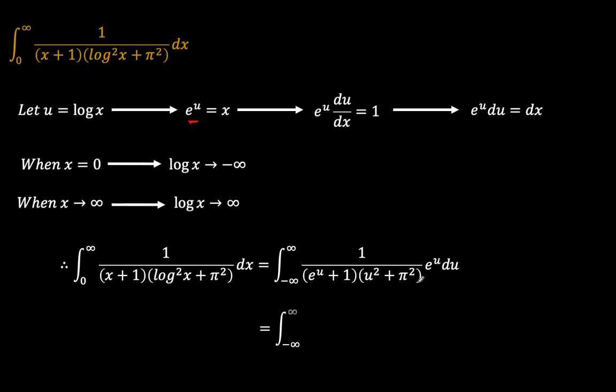Now we can also pull in this e to the power u. I beg your pardon, I had forgotten to indicate that in place of dx, we can put e to the power u du. And so pulling this here, we have e to the power u over (e to the power u plus 1) times (u squared plus pi squared).